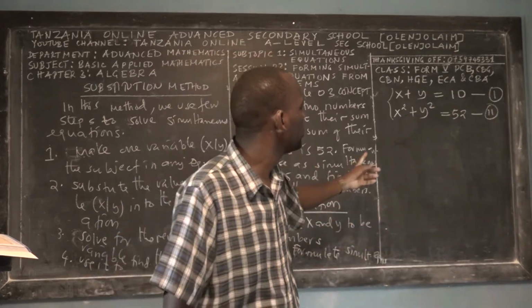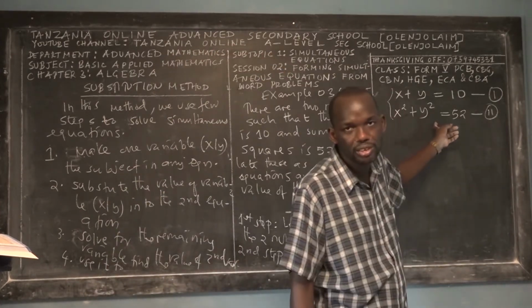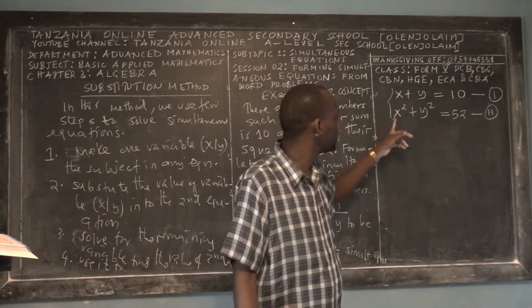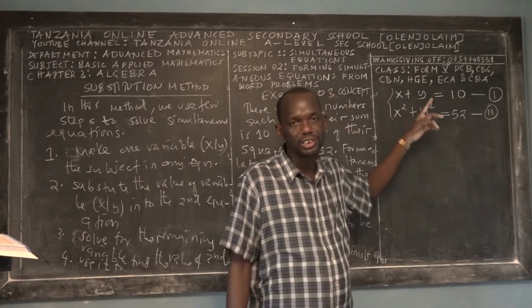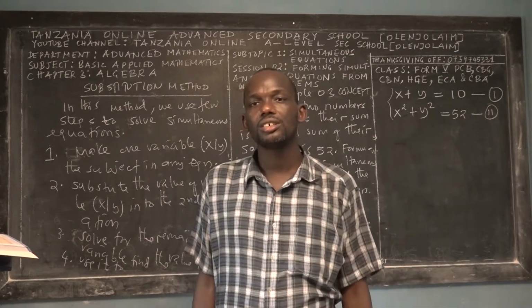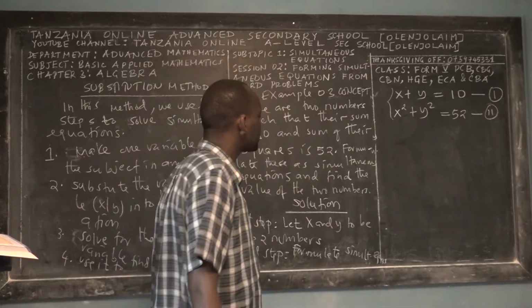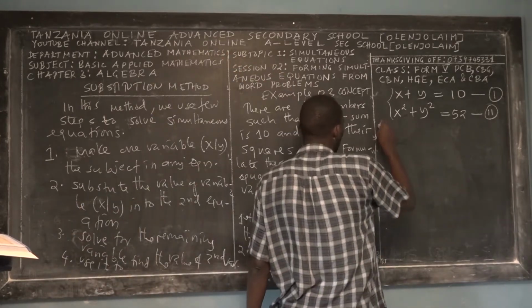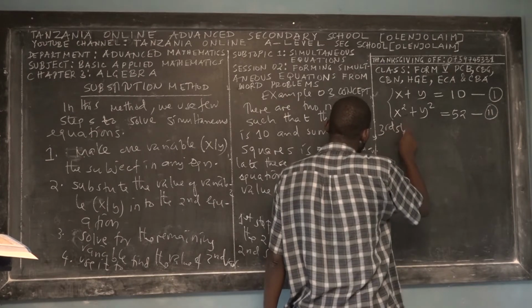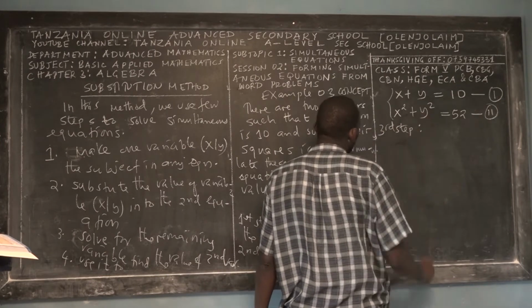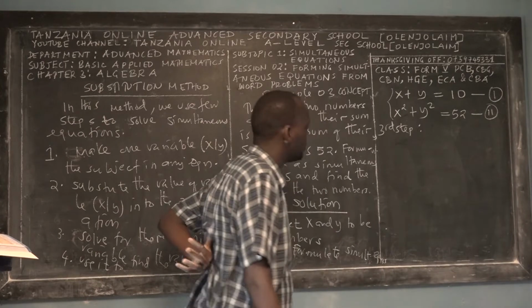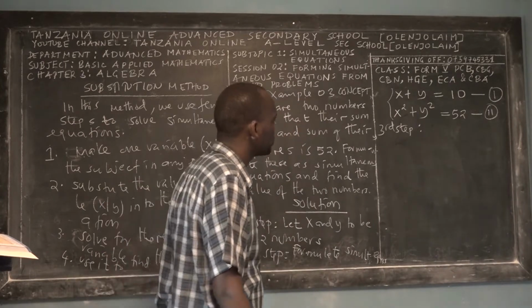Not possible, because this is squared and this is squared. Unless this is squared but this is not squared, then yes, you can eliminate. So in this case we are limited to using the substitution method, right?